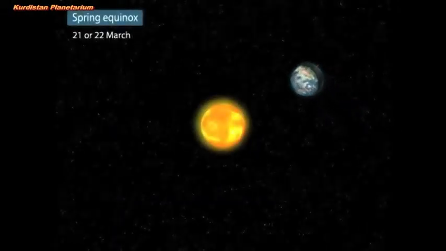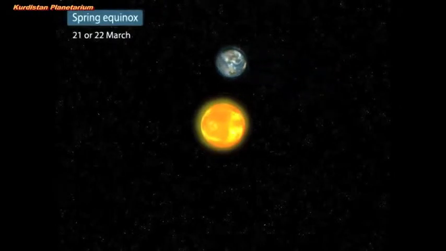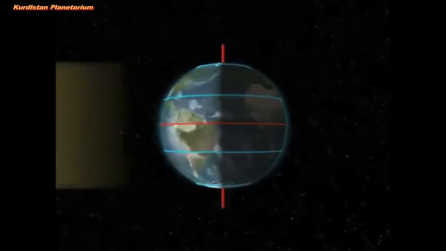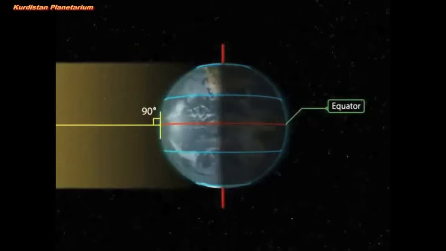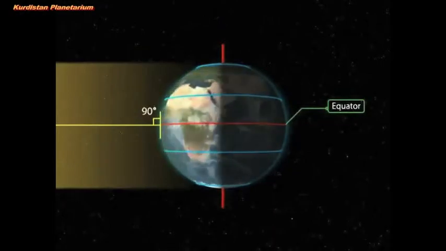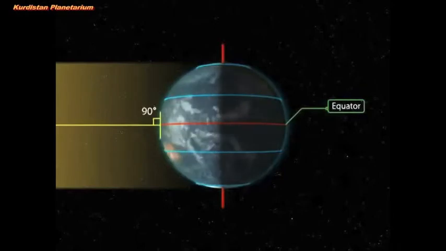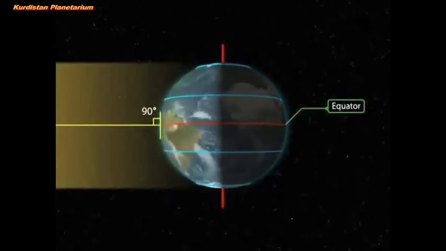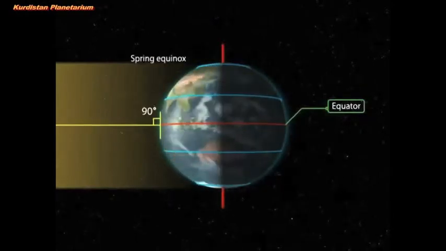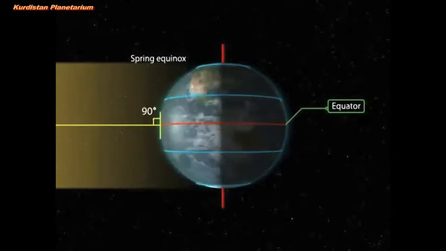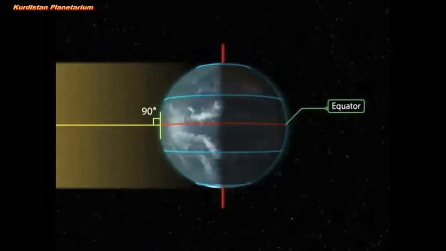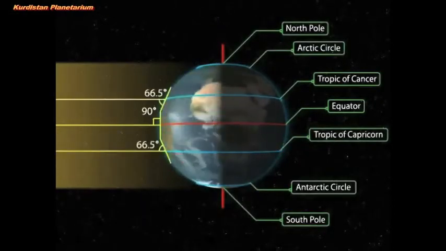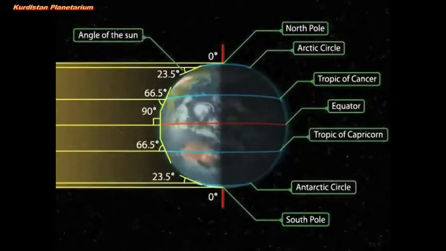Spring equinox. On the 21st or 22nd of March. The overhead sun is over the equator. The equator receives the largest amount of solar radiation. At this time, the northern hemisphere is in the spring equinox, while the southern hemisphere is in the autumn equinox. The angle of the sun decreases towards the poles.